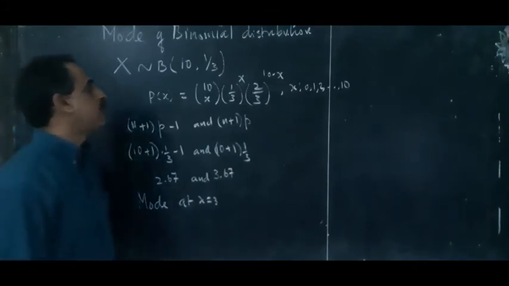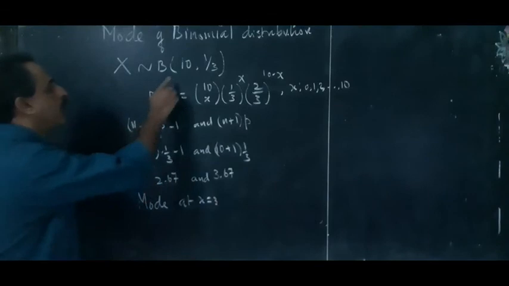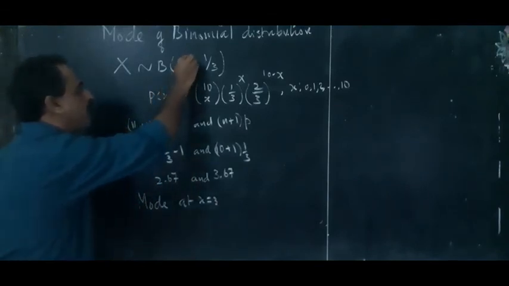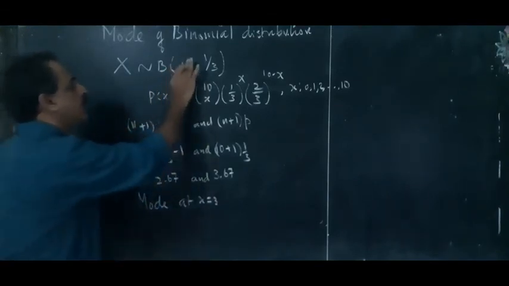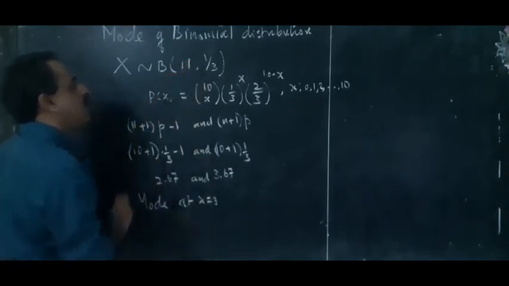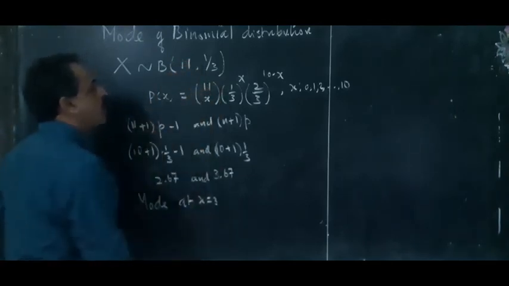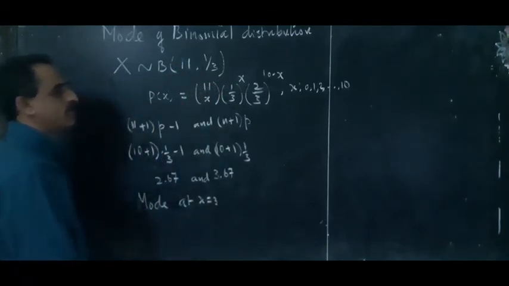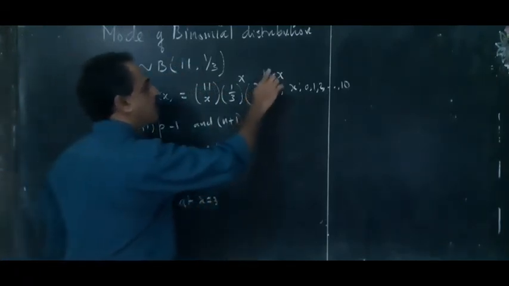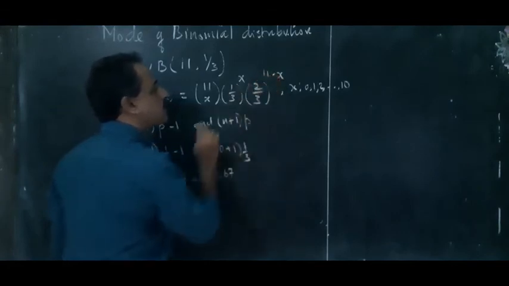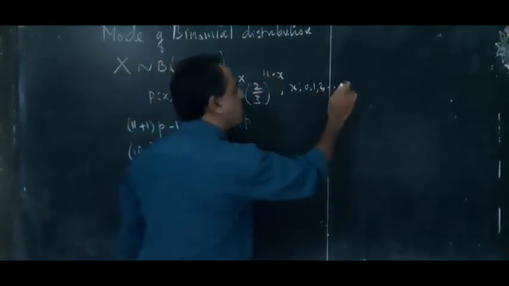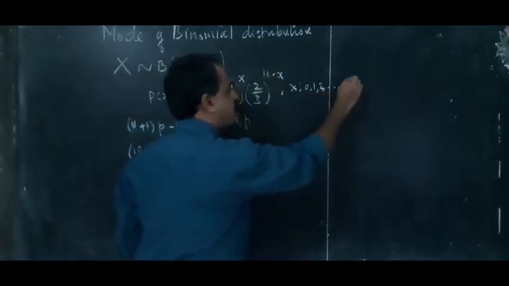Now, if n is 11 and p is 1/3, the binomial distribution is (11, 1/3). The equation will be P(X = x) = 11Cx (1/3)^x (2/3)^(11−x), and the values will go up to 11.